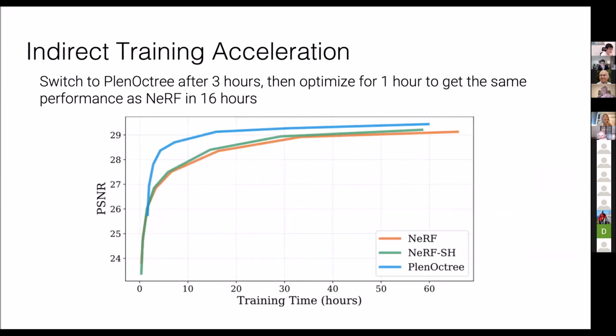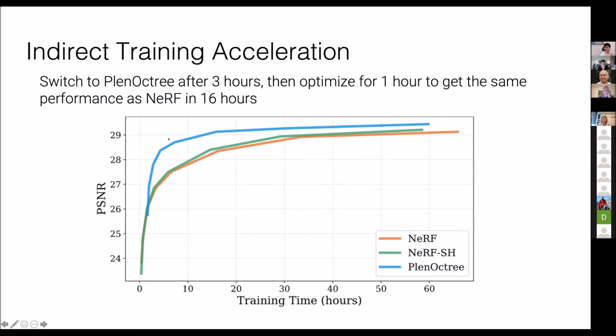So in this, we are showing the plot of the total training time required and the quality in PSNR. And so you can see how NeRF takes a long time to get to high quality results. And the thing you can do is train NeRF for like 3 hours and then switch over to PlenOctree and do fine tuning, and you can quickly get to higher PSNR values.